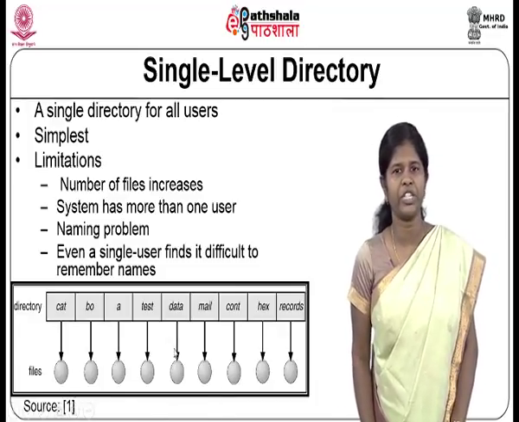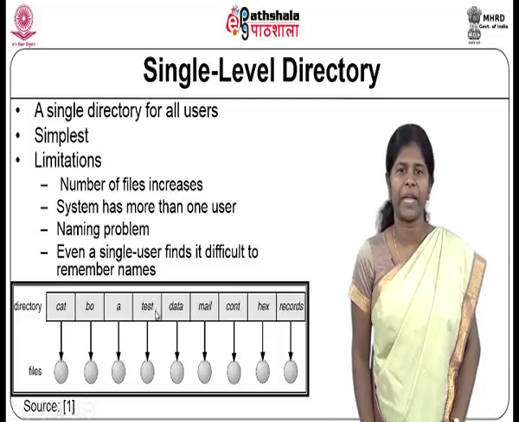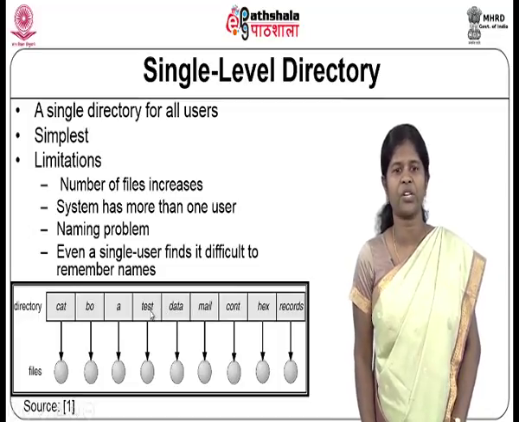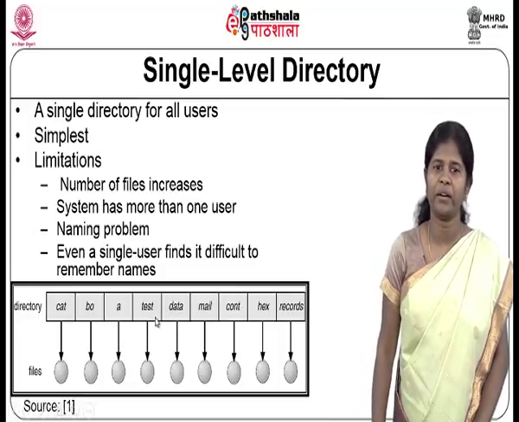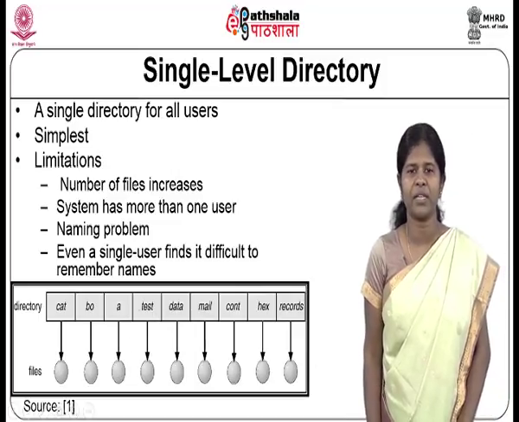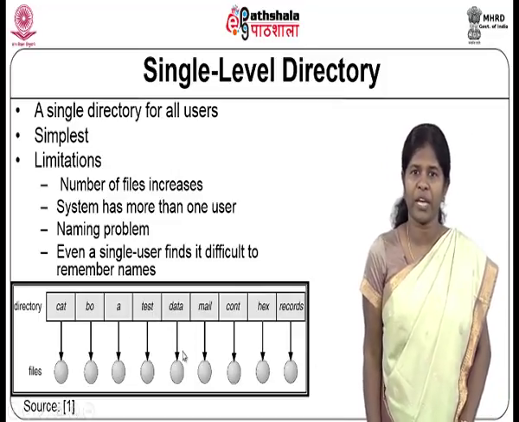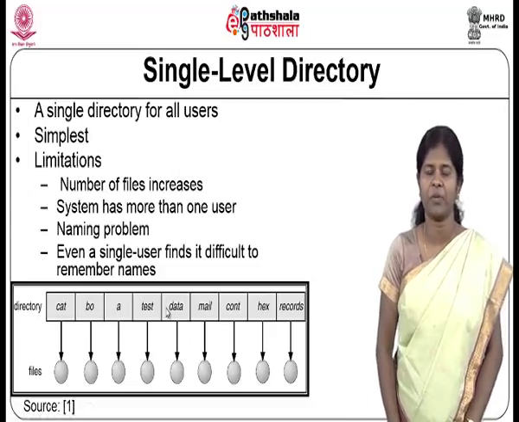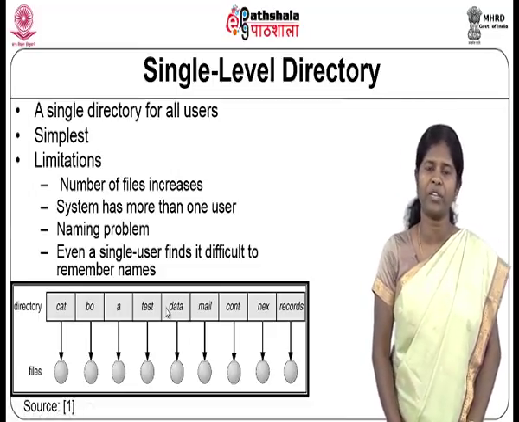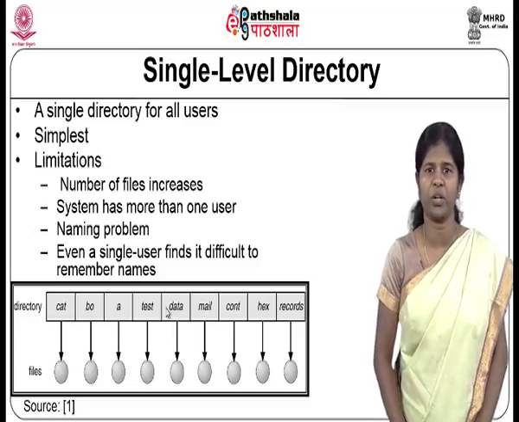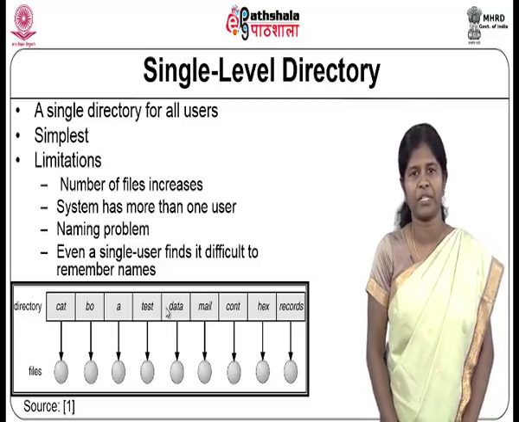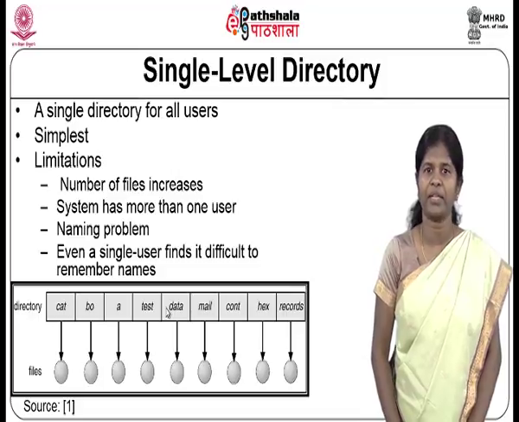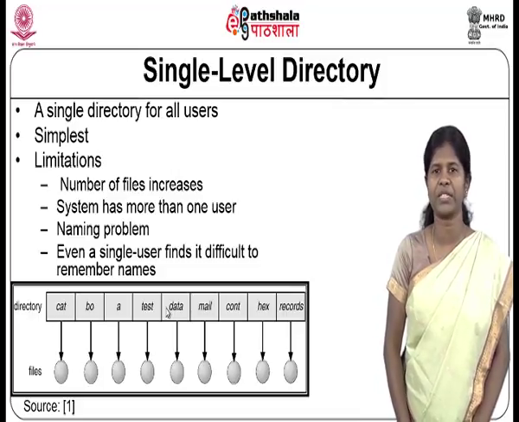But the limitation of this kind of structure is that when the number of files increases, it will be difficult even for a single user to know where his file is present. He may not remember the names of all the files he has got. So, searching or locating his own file will be difficult. And in the same directory, there will be files of many other users as well.